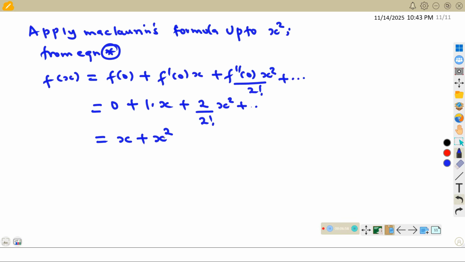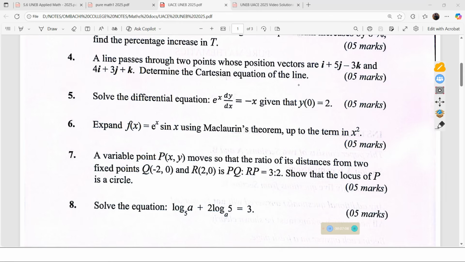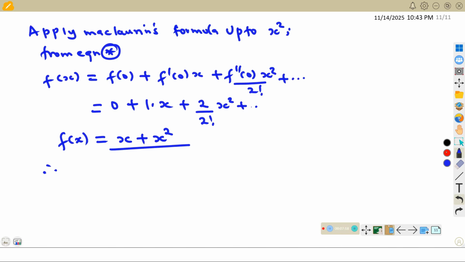So we shall have x plus x squared. So f of x will be equal to that. So therefore, according to the equation, we need Maclaurin's series. We need to expand this up to the term in x squared. So therefore, we can easily say that e to power x sine of x, when you expand it, will be x plus x squared.